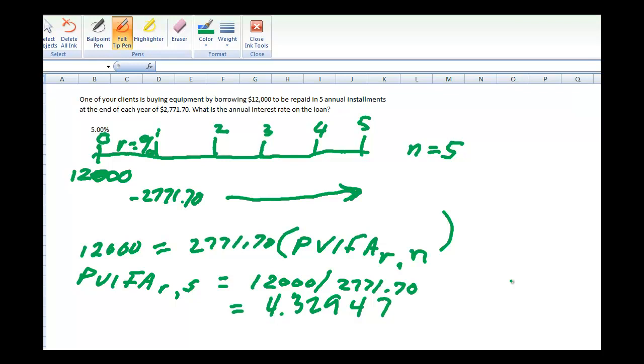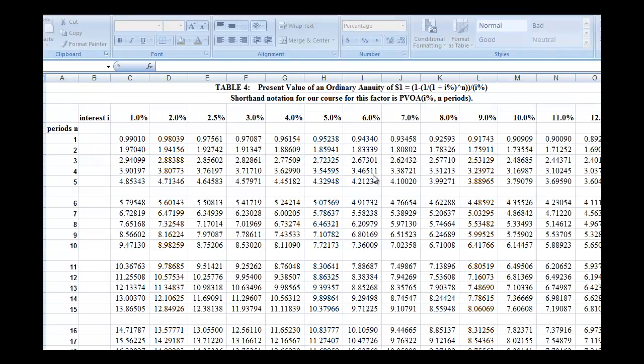So that's our present value interest factor of an annuity for 5 years, and we want to know what our percentage is. So we're going to go over to our ordinary annuity table, and we'll go down to 5 years, and we'll see if we can find a value close to what I just calculated.